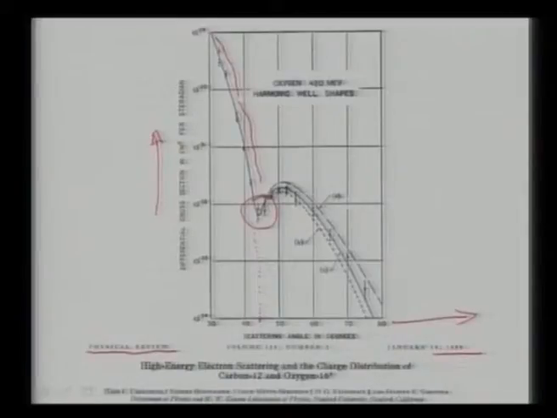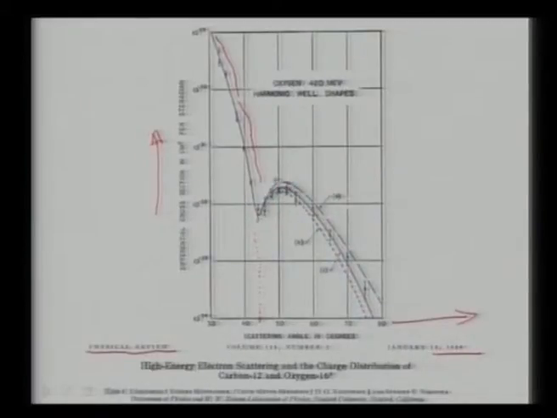At this particular angle the number of electrons is less. And if you look at 45, 46, 48, 50 degrees, you find that the number again increases, goes through a maximum and then keeps decreasing. So you have a minimum at around 43 or 44 degrees.